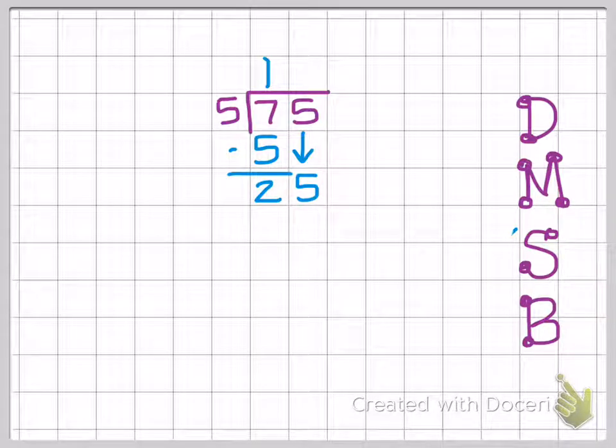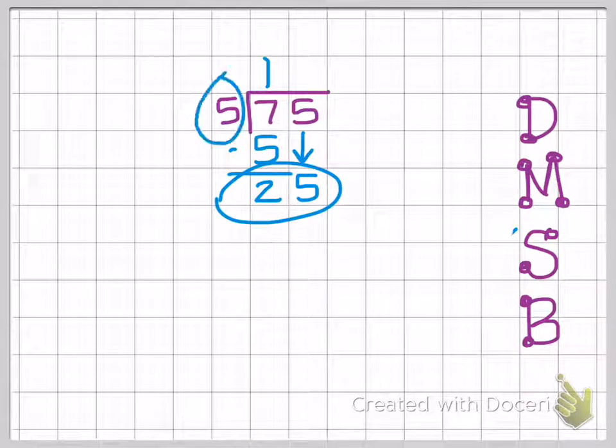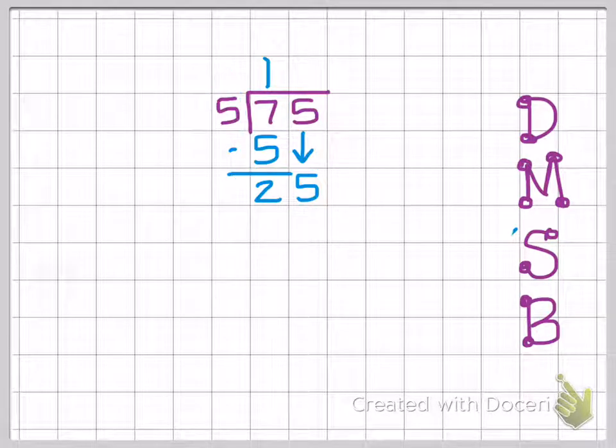So I'm going to divide 25 divided by 5. And I do know a multiplication fact that helps me answer that. 25 divided by 5 is 5. Can't seem to write my 5 today. There it is. Okay. So I divided 25 divided by 5 equals 5.